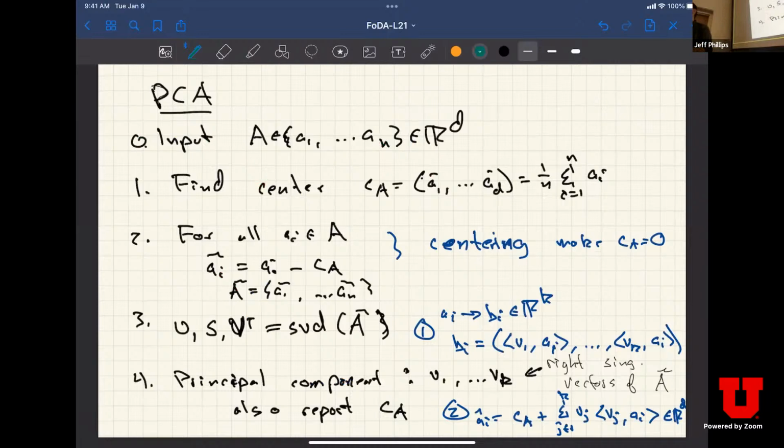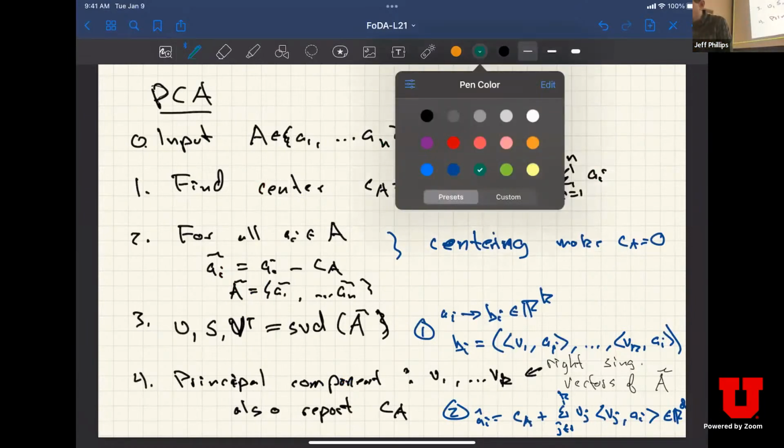There are a variety of things you can do, and they're all roughly doing the same thing, and you can translate between them. And is that sum on number 2? Yes, J equals from 1 to K.